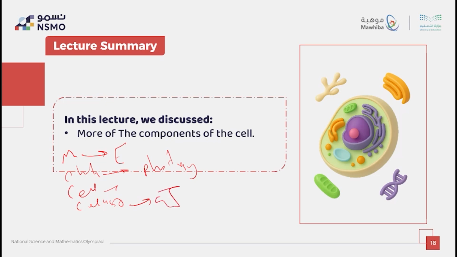And we talked about cilia and flagella and the difference between them. And we talked about the most important thing in all organelles, the nucleus, and we covered all of these components.